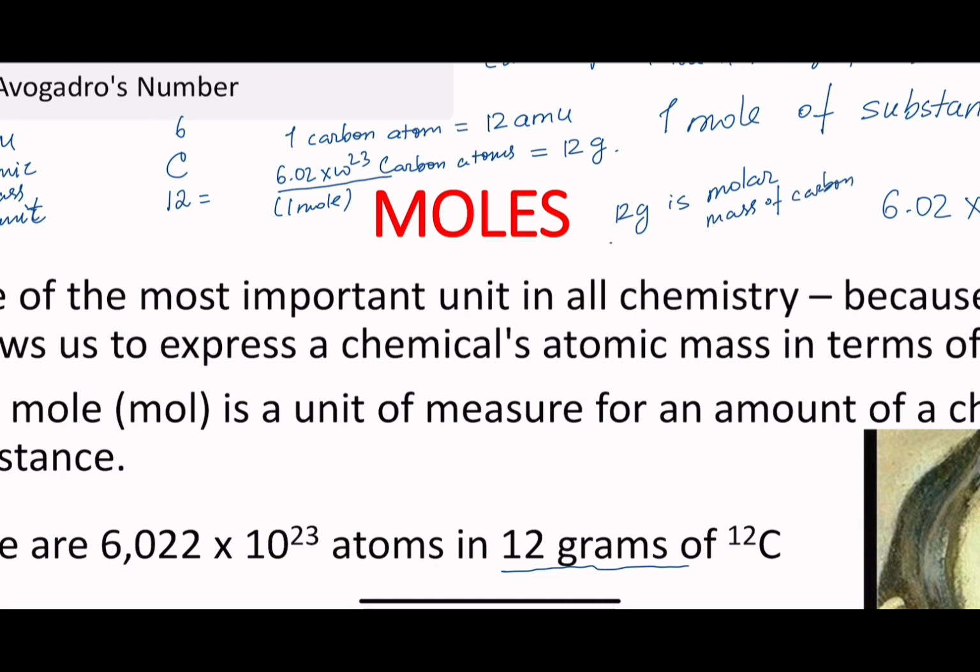And we write it in terms of like this, 12 gram per mole. And this is going to be molar mass of carbon. Okay? So I want you to really remember this very well. So 12 gram per mole is the molar mass of carbon.